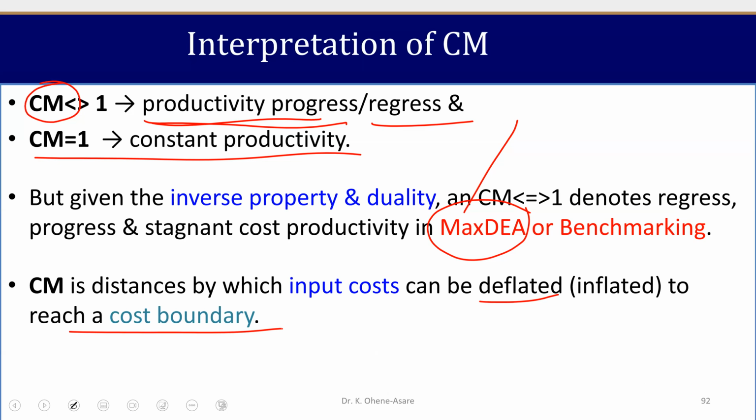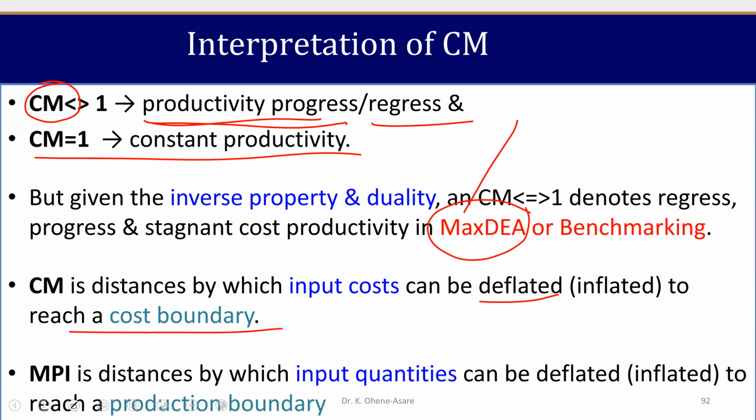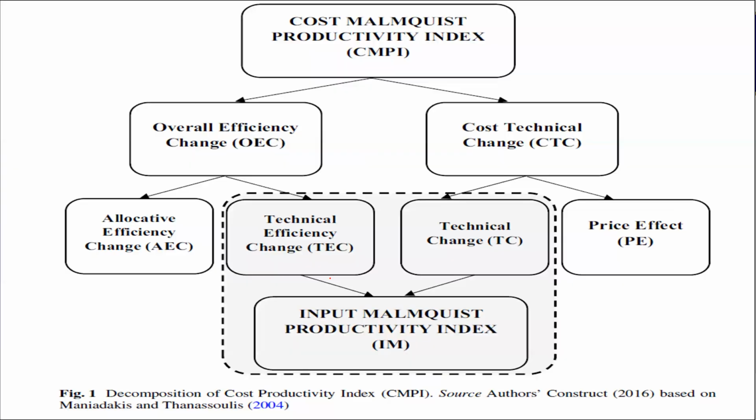That is different from the standard or classical Malmquist. In the classical Malmquist, distances are where input quantities are deflated, not input cost, but input quantities, to reach the boundary of the production. But this one, they were reaching the boundary of the cost. So you should know the difference. When you're interpreting, these differences must be there.